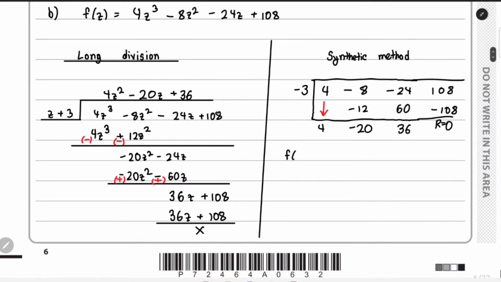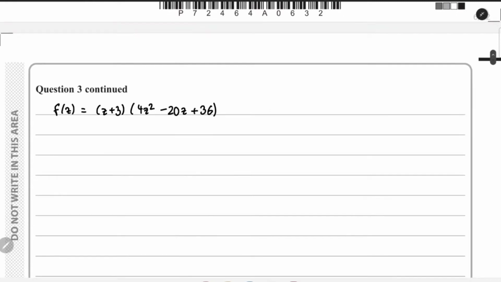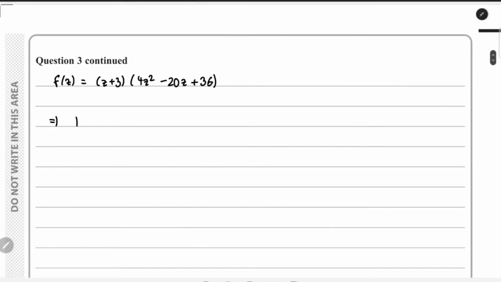So from here I find f of z to be z plus 3 for this, and 4z square minus 20z plus 36 from here.